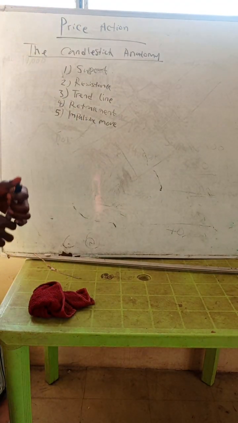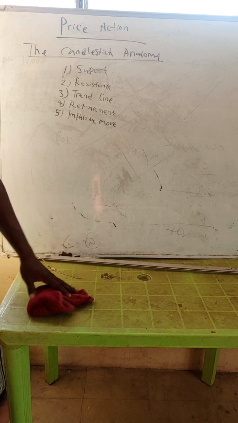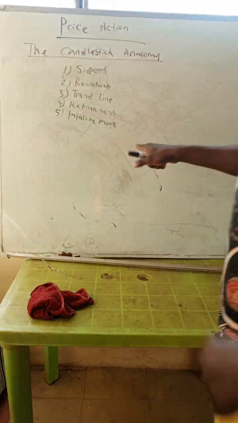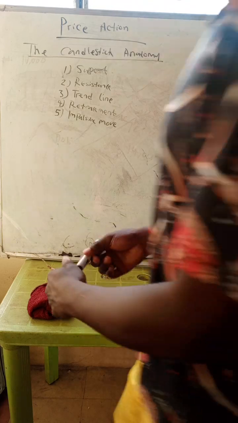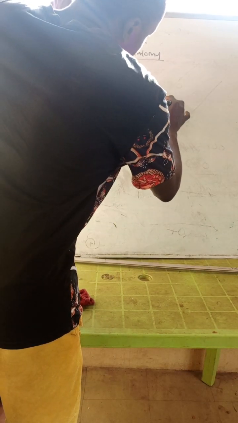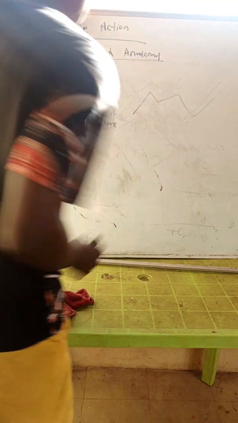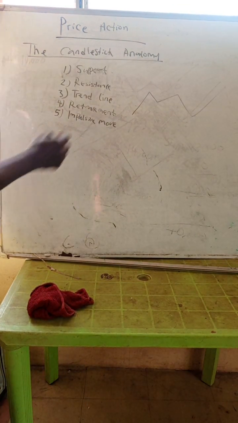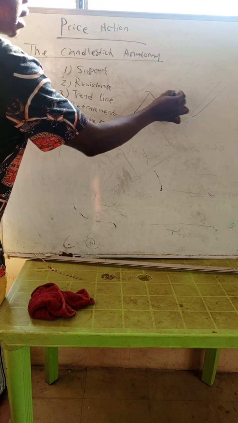Just like support, resistance is the point in the market where the price fails to go any higher. Are you following? The point in the market where the price fails to go any higher, just like the support. Now it will go up and then reject down. So imagine the price was going up and then came down here, up, down, up. Now the key resistance areas here are here and here.